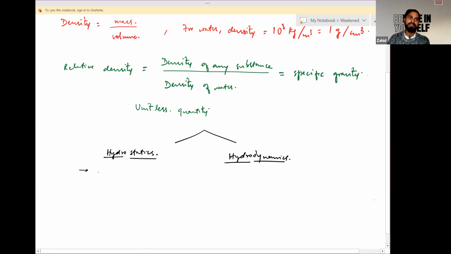In hydrostatics, we'll learn about pressure, Pascal's law, pressure due to column of liquid, application of Pascal's law, hydraulic lift, and so on. Next is Archimedes' principle. Next is surface tension.